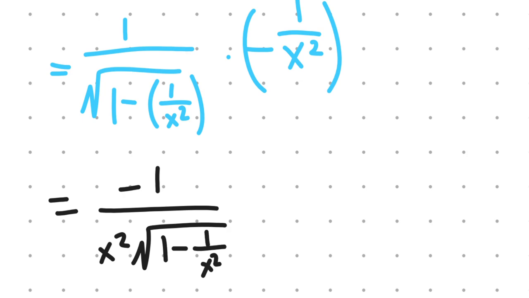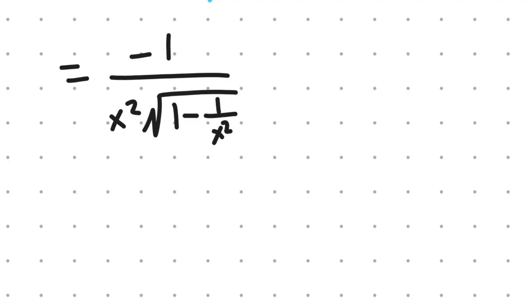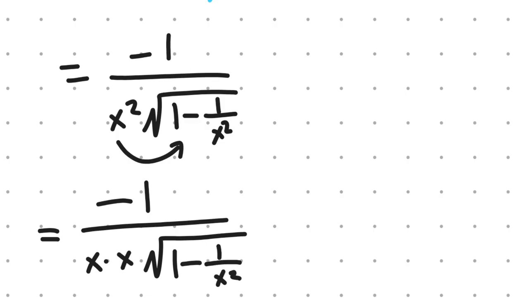Good. Now we can still simplify many things. What we can do over here is bring the x squared into our root. Now we're going to take one of the x's, so negative 1 times x, times the square root of 1 minus 1 over x squared.